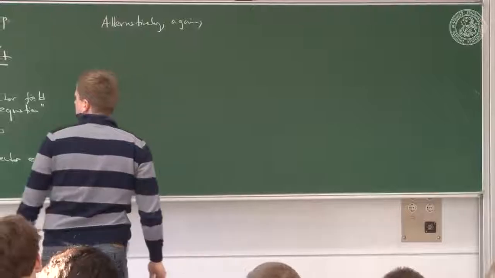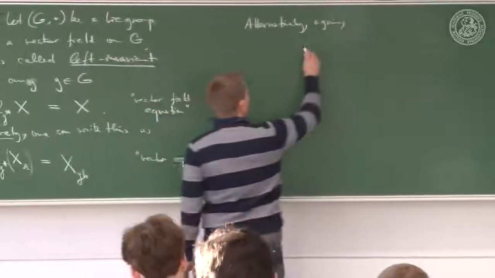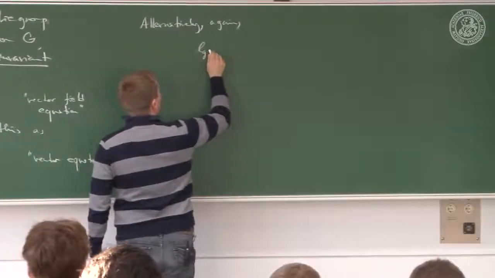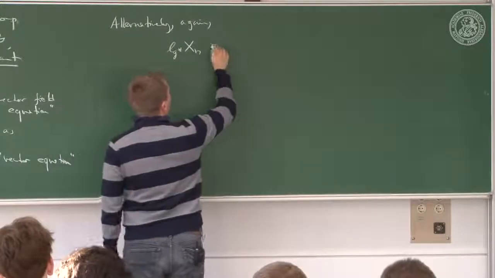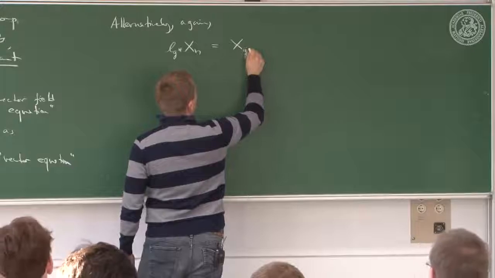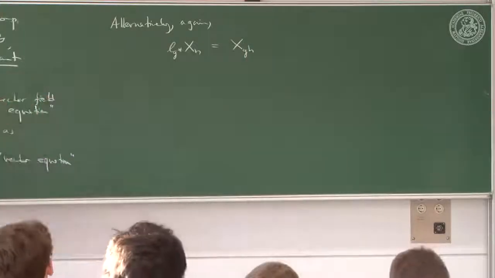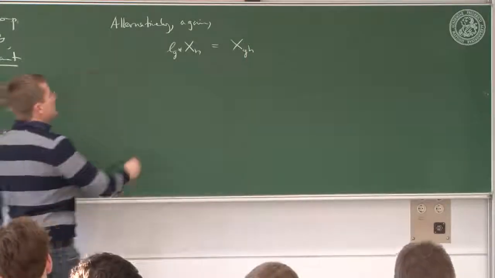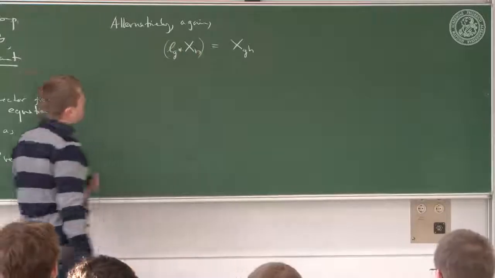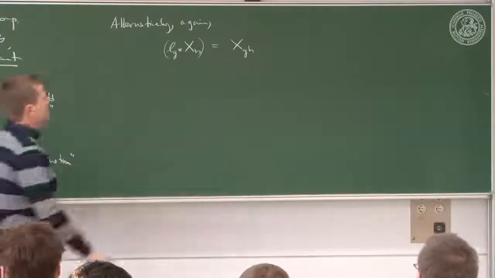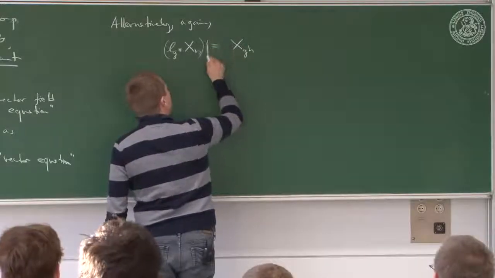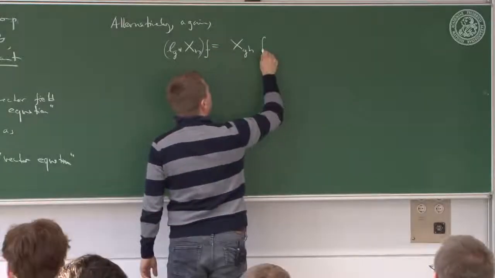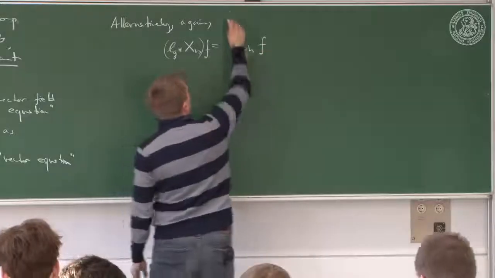One can write it as follows. So we start from here. We take the push forward of the vector field at the point h, and we know that ought to be the vector field at gh. Now, this here is again a vector at gh, and this is also a vector at gh, makes perfect sense. But now we can apply it to an arbitrary function f.